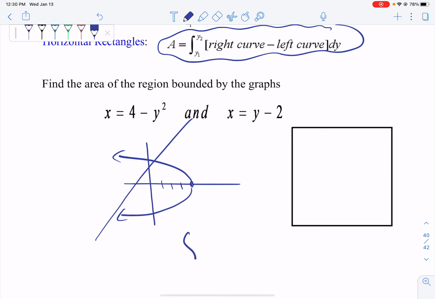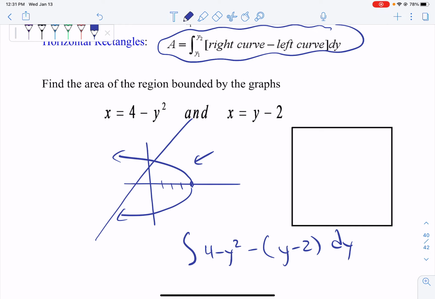So when I take my integral, the curve to the right is my parabola, my 4 minus y squared. And then I'm going to subtract my y minus 2, and this time it's dy instead of dx.